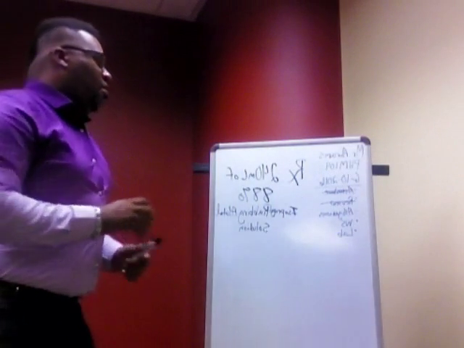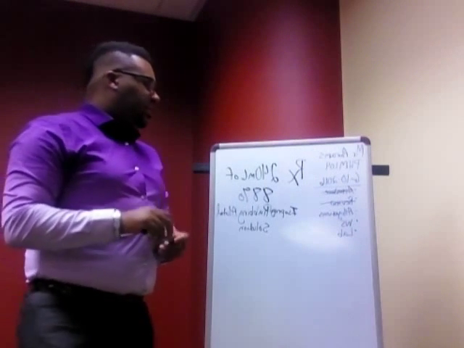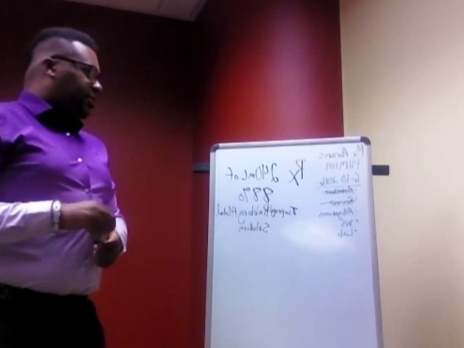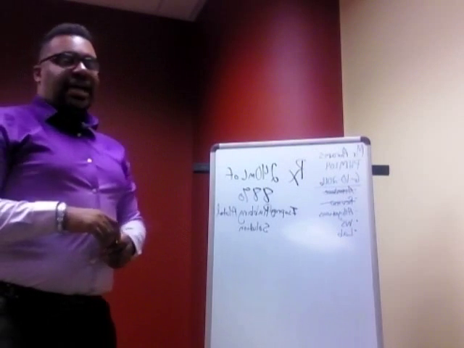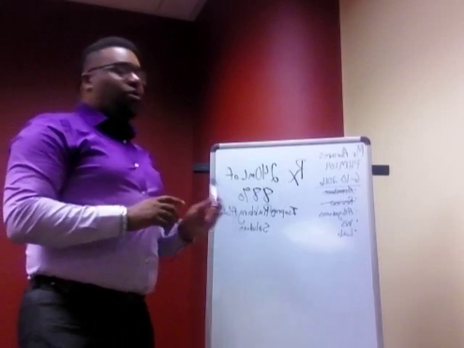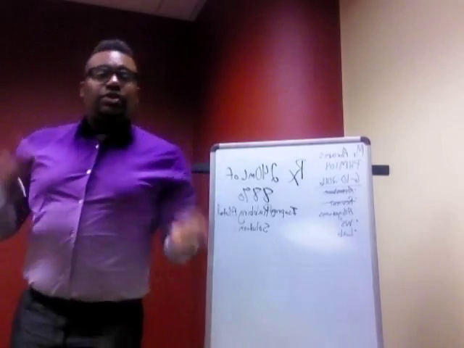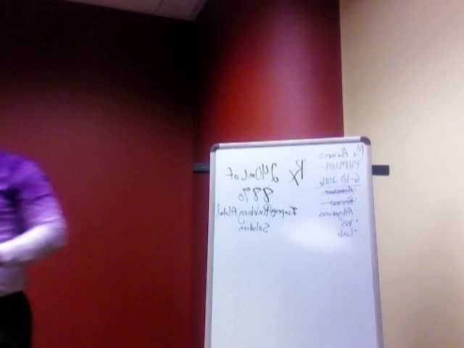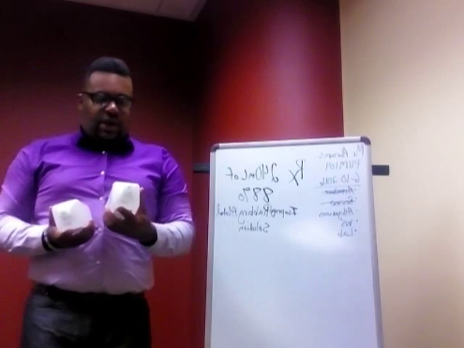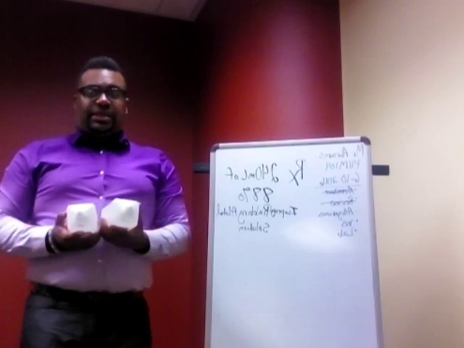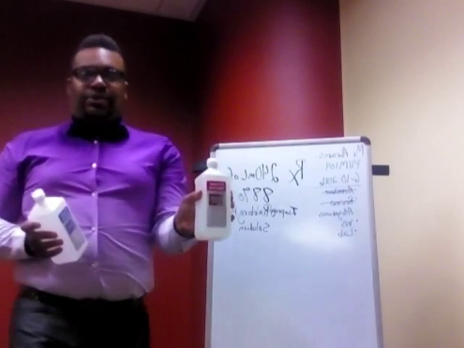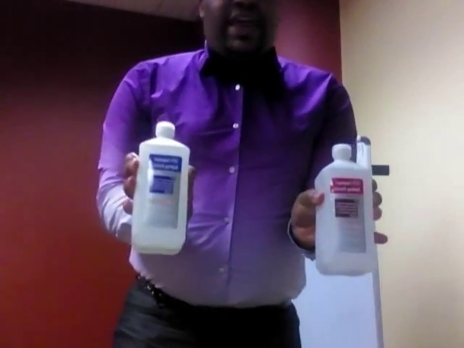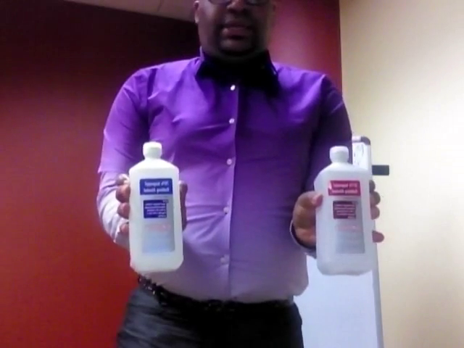So we have a prescription: 240 milliliters of an 88% isopropyl rubbing alcohol solution. All right. So let's go to our shelf. We don't have an 88%, but we have a 91% and we have a 70%.